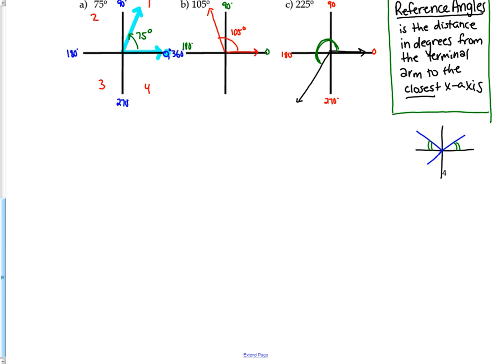If your terminal arm is in quadrant 3, between the x-axis and the terminal arm would be right there. If you're in quadrant 4, the reference angle would be right here, between the closest x-axis and the terminal arm. So you can see it's the angles within the bow tie. Those are the reference angles.